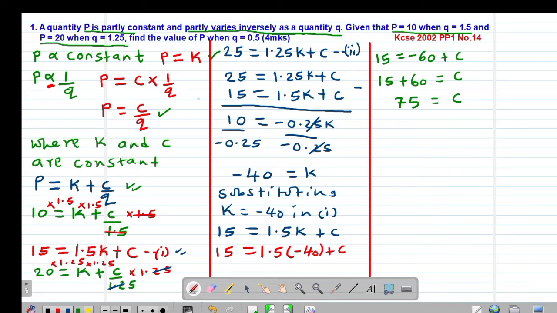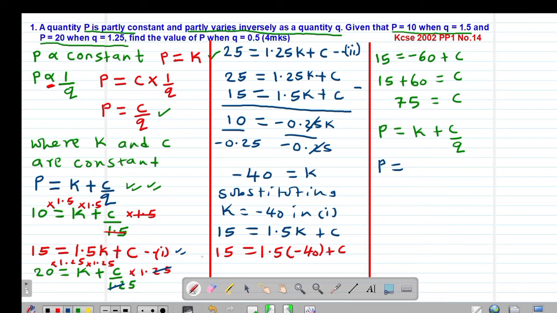So this one simply means that the equation connecting p and q will be given by, remember the original equation was p is equal to k, then of course plus c divided by q. So if I substitute the constants that I've worked out, I'm going to get my equation being p is equal to k.